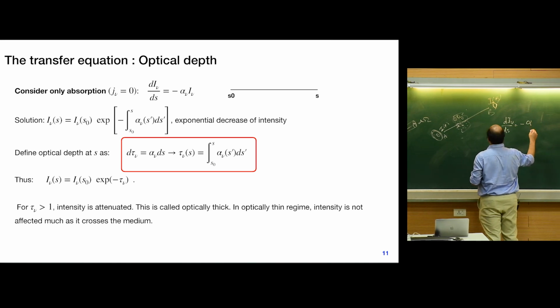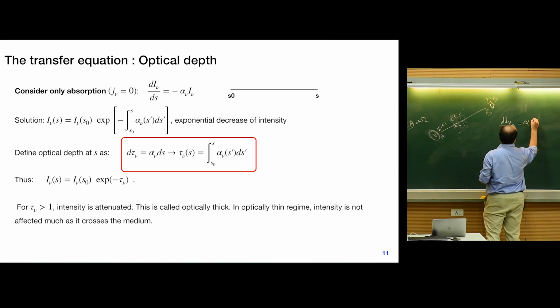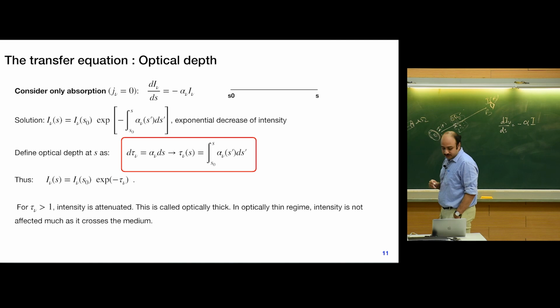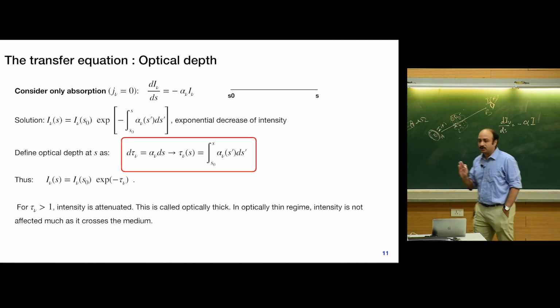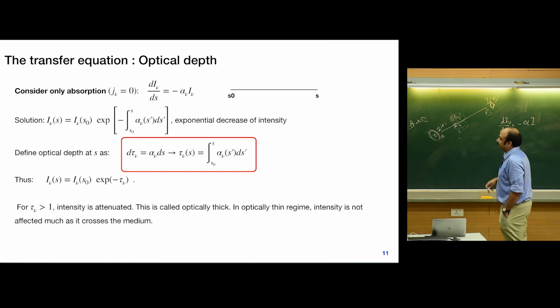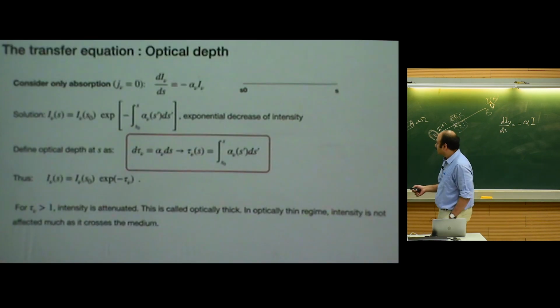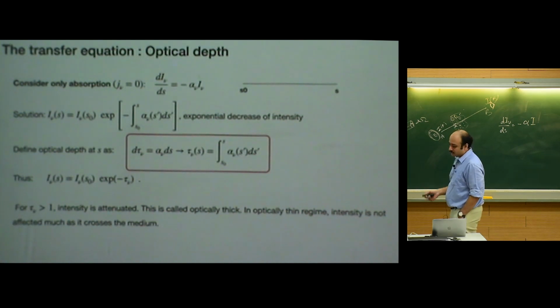I'm dropping the nu subscripts, but do remember these are functions of nu, frequency. So there is no emission, just pure absorption. Simple equation, you integrate it, you get an exponential function like this. So I have dropped the j nu term. So what does it mean?